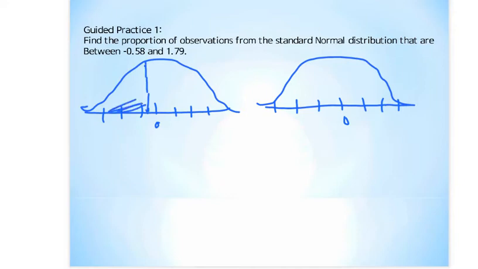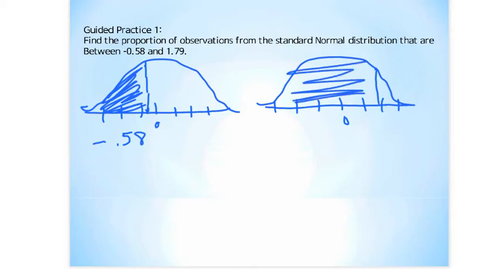So that's this area here, to the left of negative 0.58. And then 1.79 is going to be somewhere up here. Now, I'm going to use my chart, and you should be getting your charts out and using them to practice.